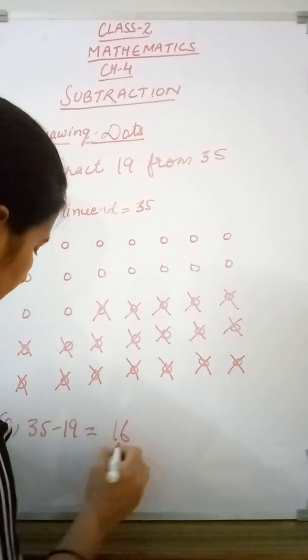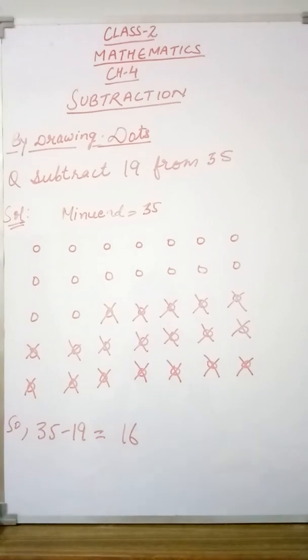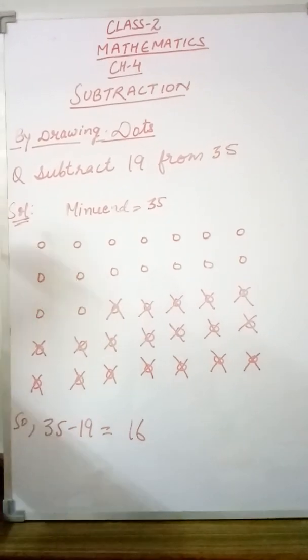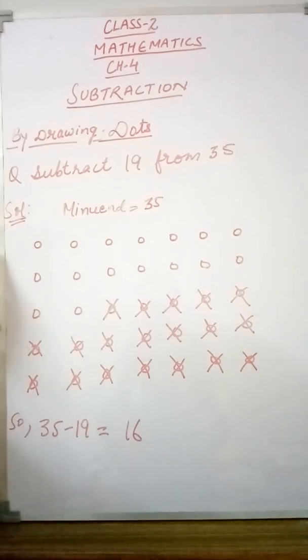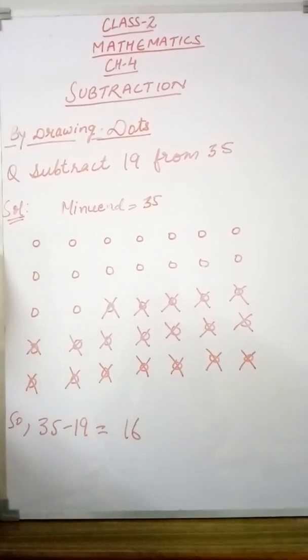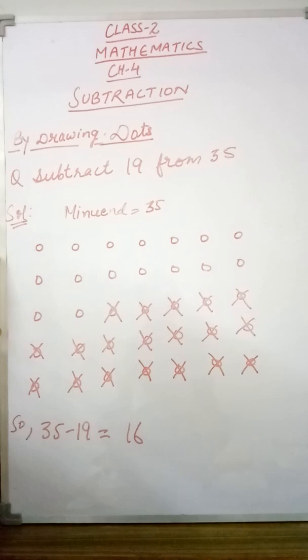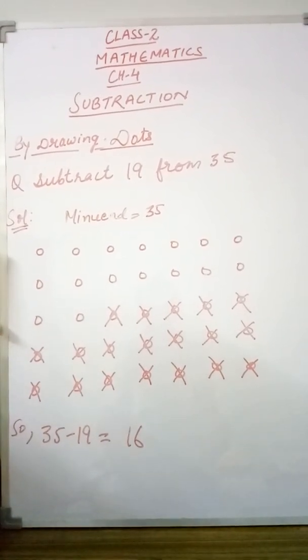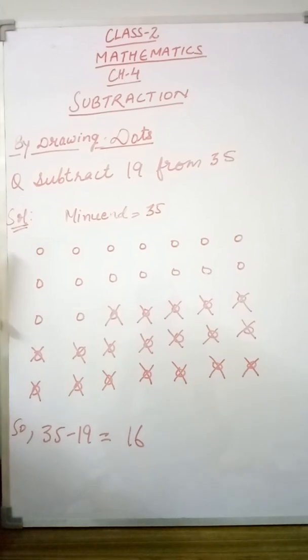So 16 is the answer. This is the way to do subtraction with the help of drawing dots. You can also use this method in place of slanting lines, if the previous method is confusing or lengthy.